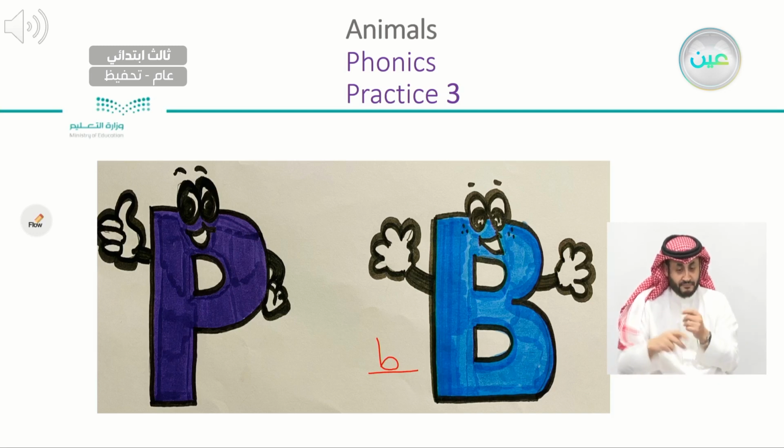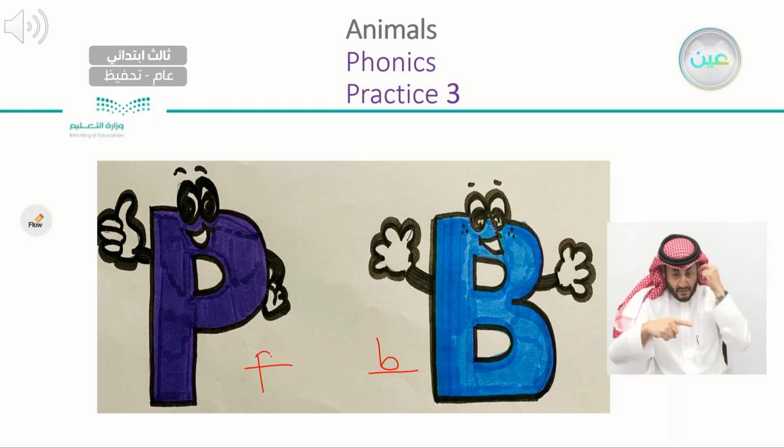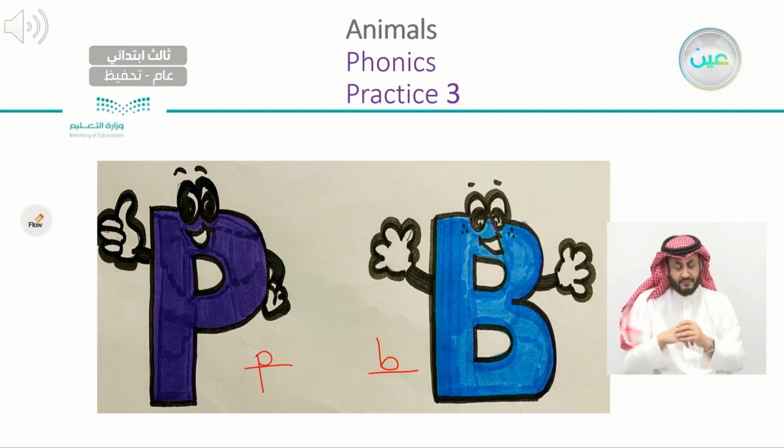When we write the letter P lowercase, it has a tail that goes below the line. When we make the P sound and the B sound, what do we notice? My mouth pops open the same way when I say both letters. Do they sound the same? They do not sound the same.